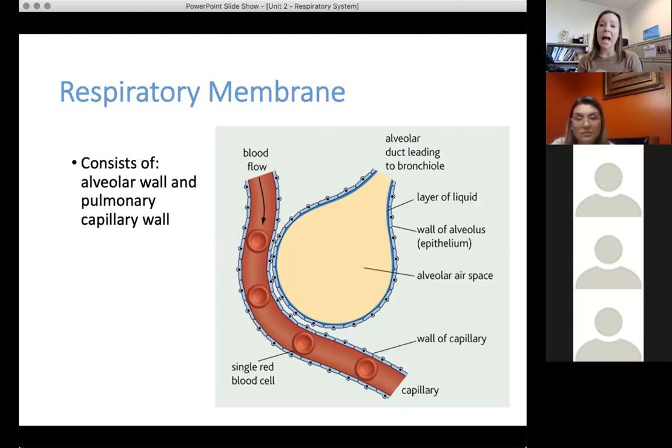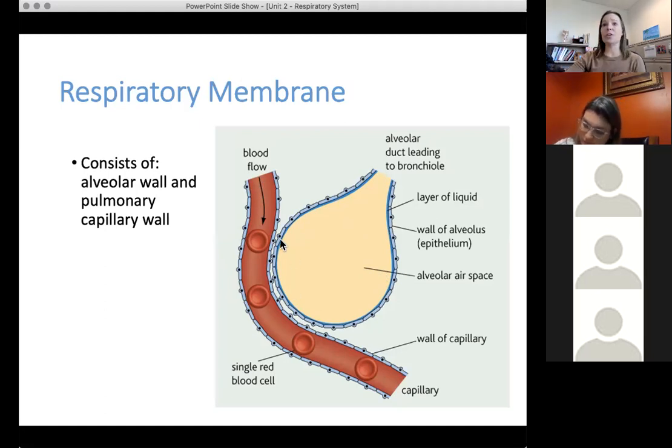And this is where gas exchange occurs. You have air in the alveoli, so oxygen is the main gas that is in here. And you also have gases flowing through your blood. So it's in between these two structures that you have gas exchange.